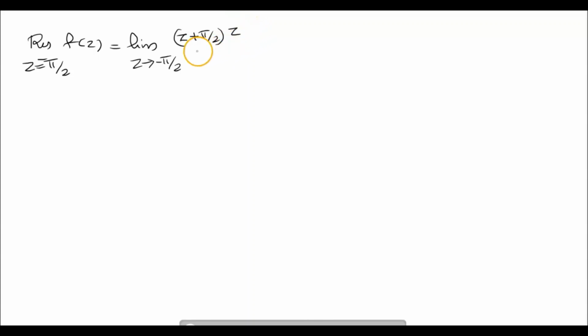Sec z is 1 by cos z, so put it as denominator, into (1 minus z) all square. Again putting limit z equal to minus pi by 2, we get 0 by 0 form.